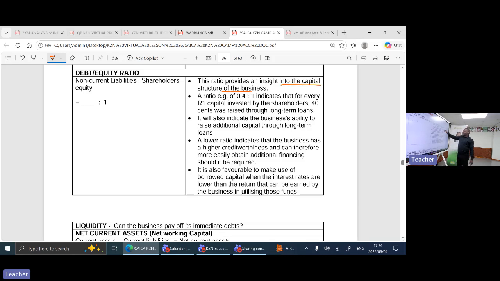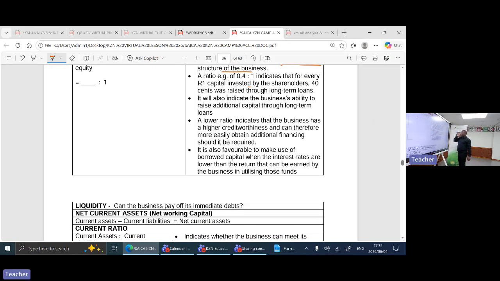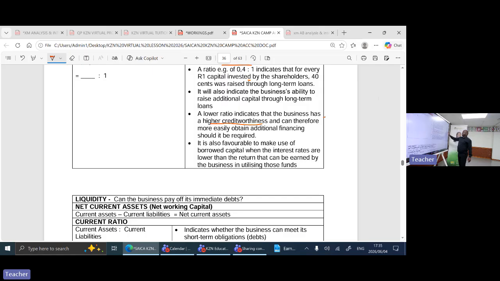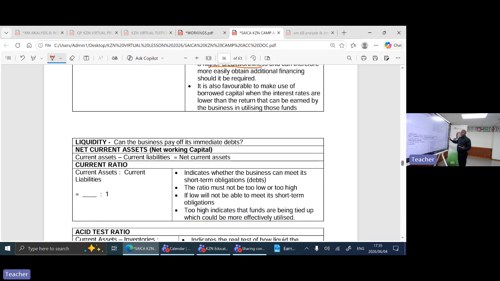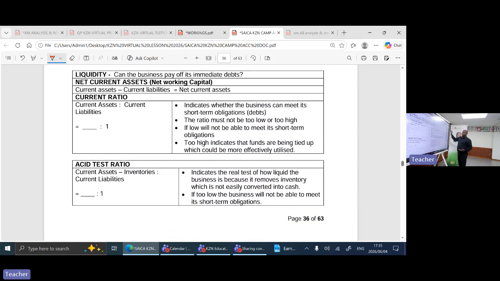A ratio of 0.4 indicates that for every R1 of capital invested by the shareholders, 40 cents was raised through long-term loans. Now, a lower ratio indicates that the business has higher creditworthiness, meaning that we can easily obtain more funding if we require. Then we spoke about liquidity.